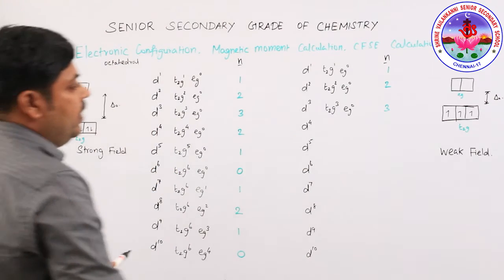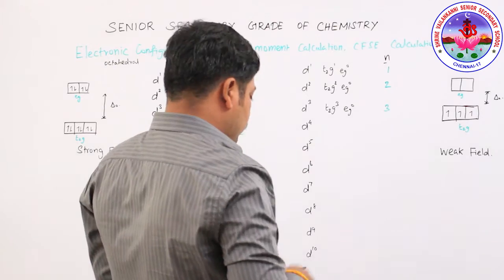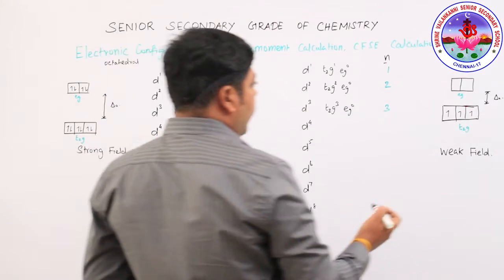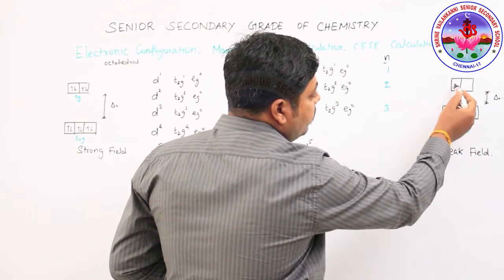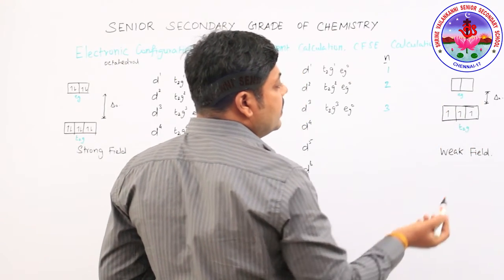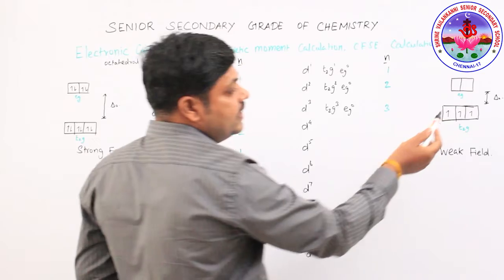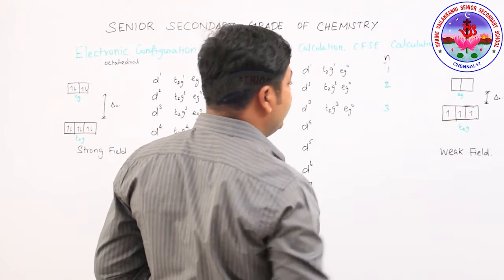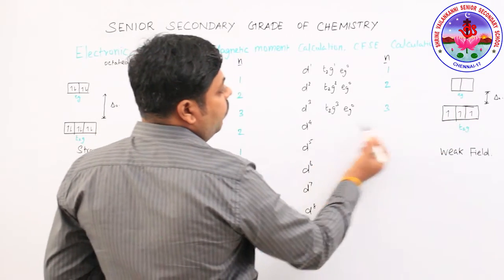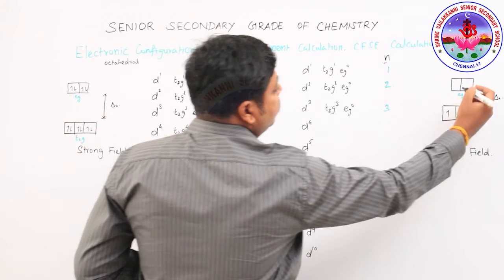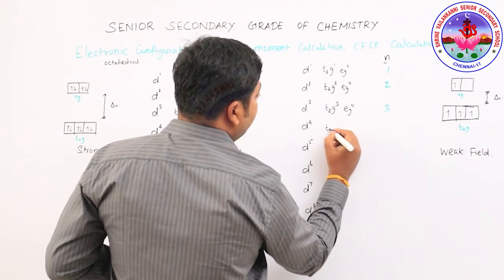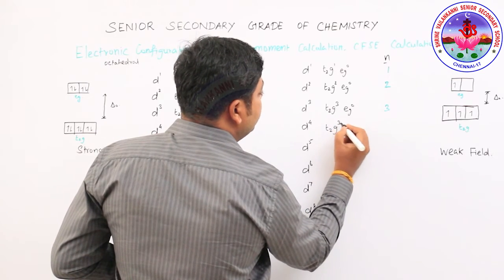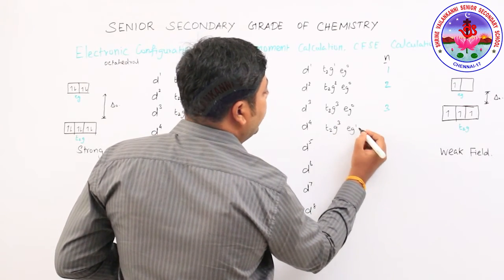Now come to the weak field. The weak field has a very small energy gap. So electrons can jump into the Eg level orbital. Then after filling the Eg orbital, only then is the pairing started. So for D4, the 4th electron will enter the Eg orbital. So here the electronic configuration will be T2g 3, Eg 1.